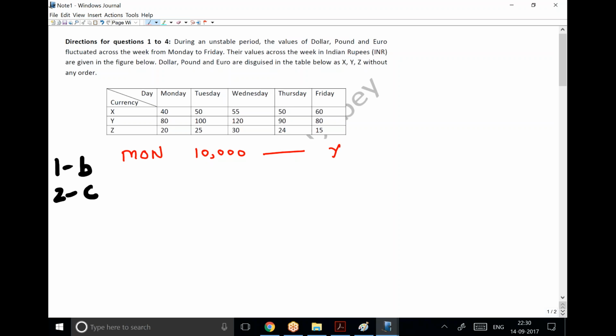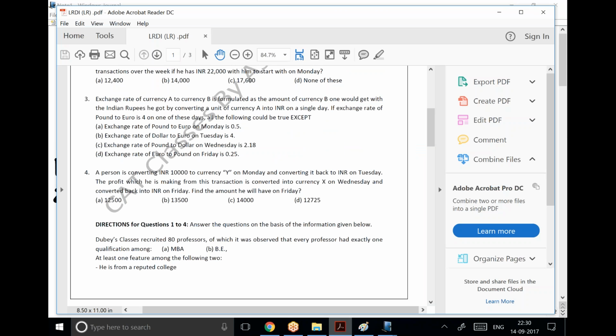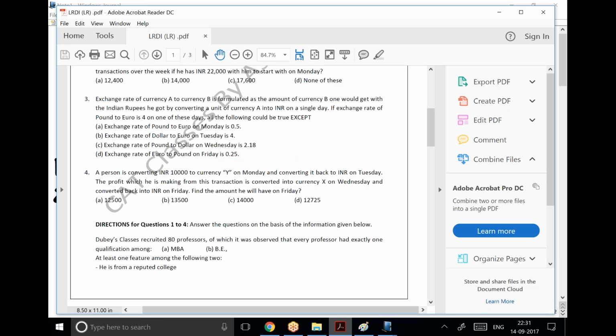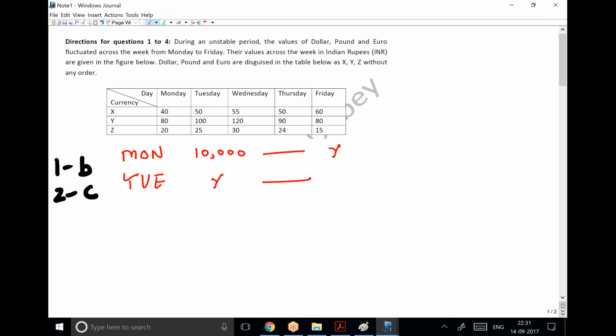He's investing on Monday, and on Tuesday he will take it out. That means this Y will get converted into INR. Then he's not investing on Tuesday; he's investing on Wednesday into currency X. So currency X he will invest on Wednesday.